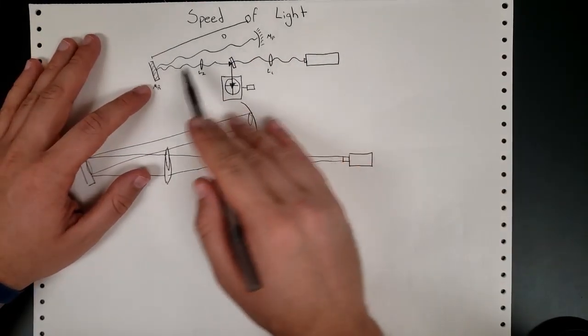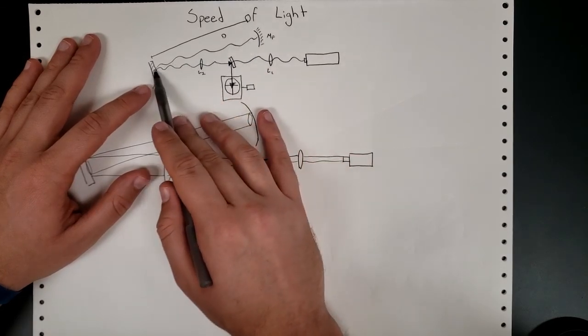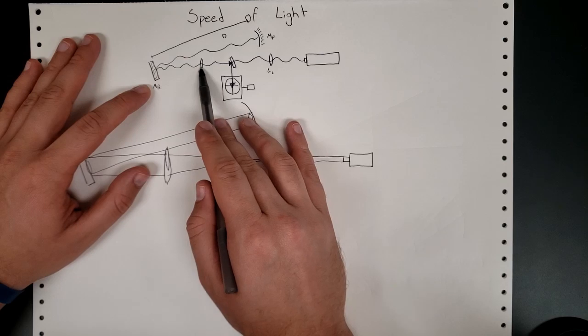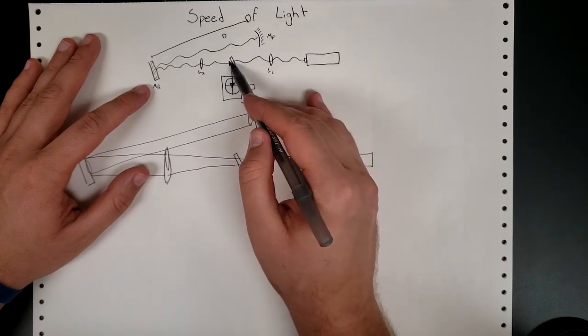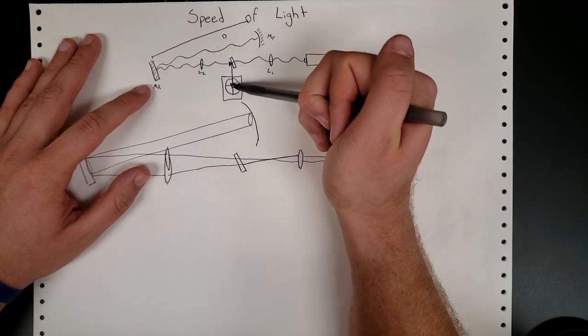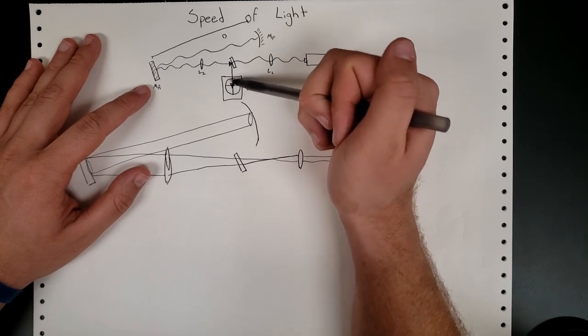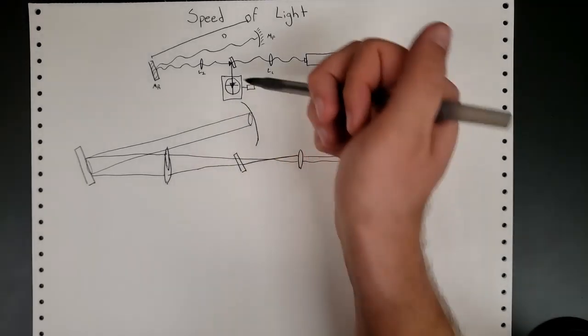So whenever the light hits the fixed mirror, it'll travel back to the rotating mirror, go back through this lens L2, in which case it'll hit the left-hand side of this beam splitter, and then some of that light will be reflected into a viewing area that we'll be able to use to measure the position of our image.